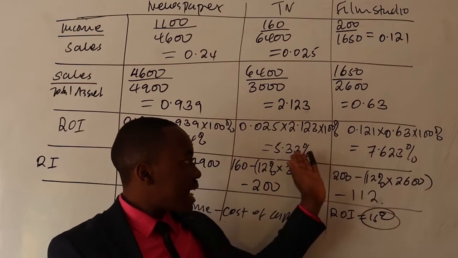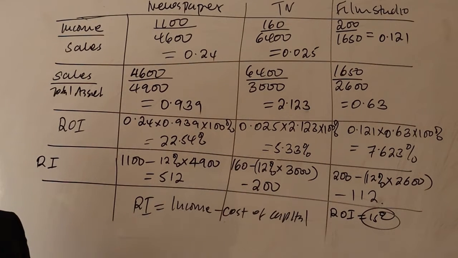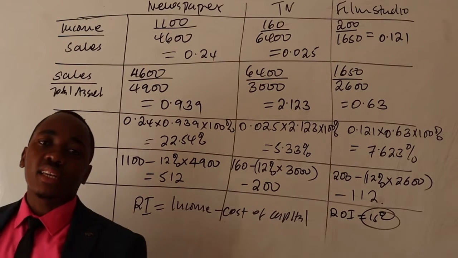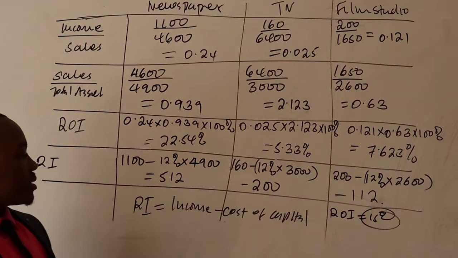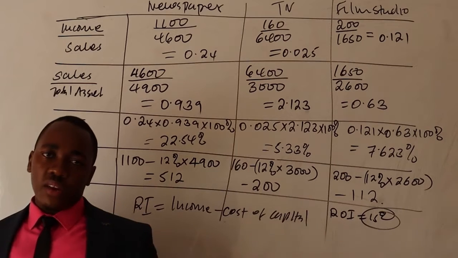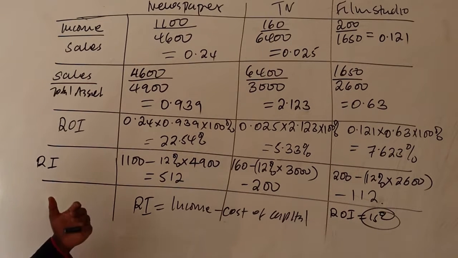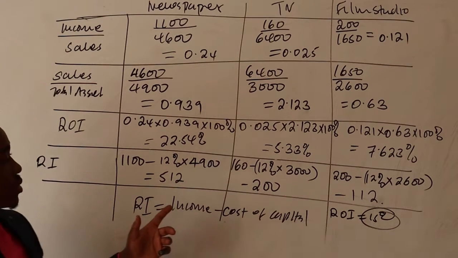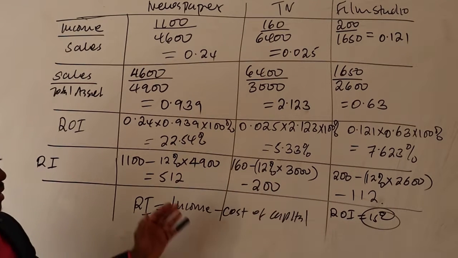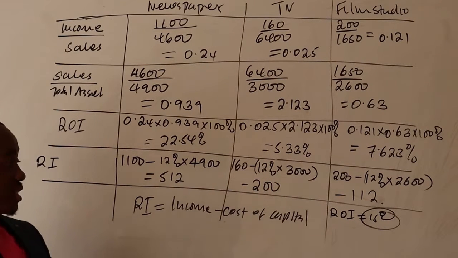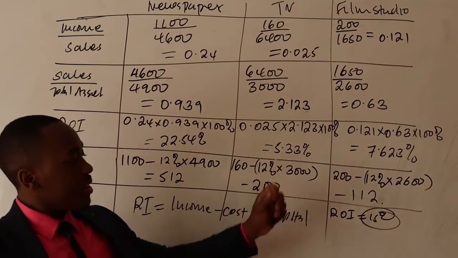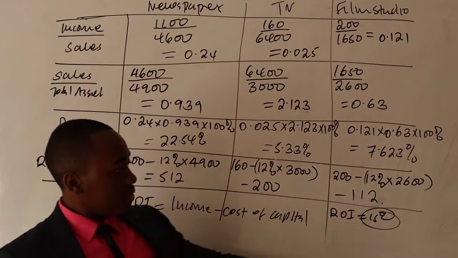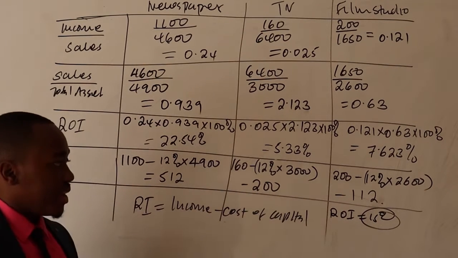So you see they are underperforming, but newspaper is performing better. For residual income, when evaluating the performance, the one with a positive value is doing better, and you should accept the one having a positive value. But in this case, we are not evaluating a new project, but an existing project. So 512 means this project is doing great. This one is not doing great. Even this one is not doing good because they are negative.